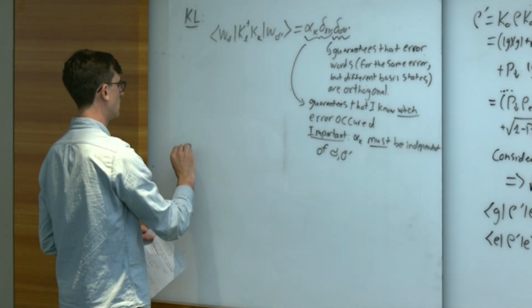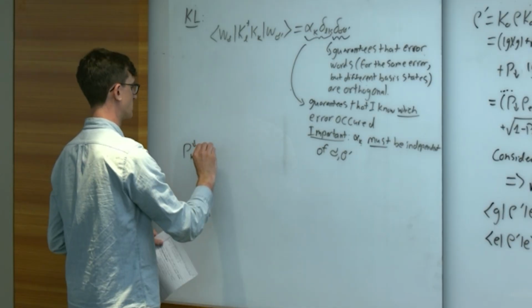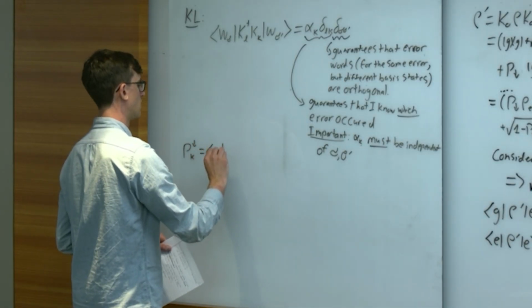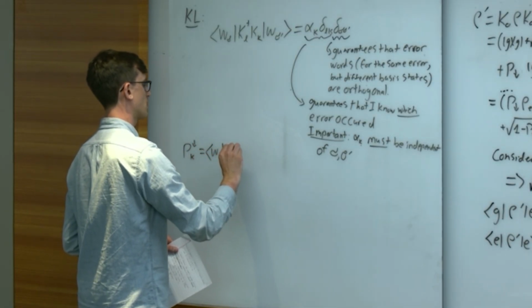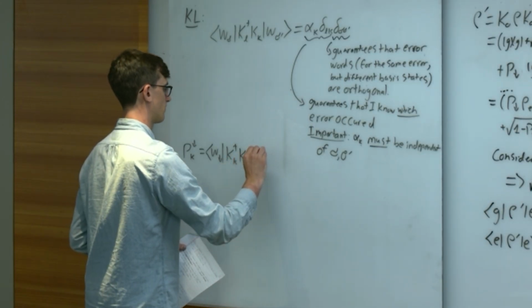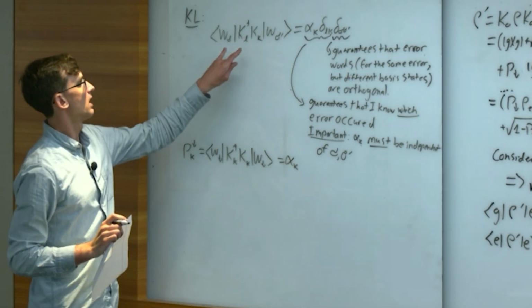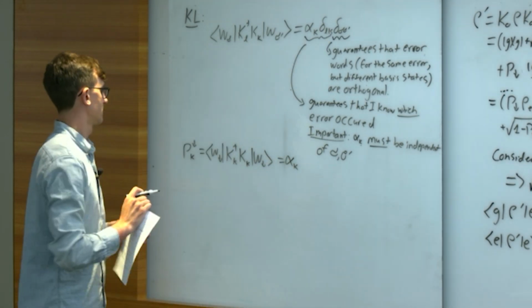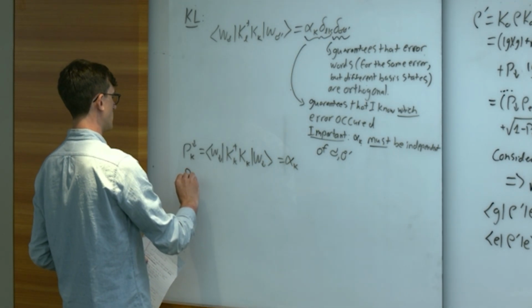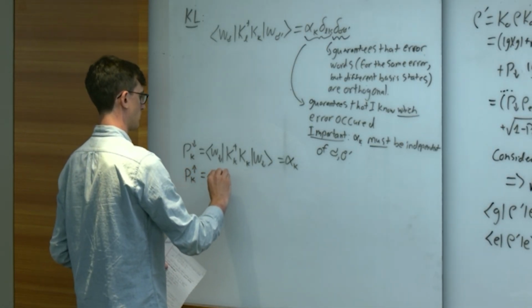P_K down, which I'm defining as W down, K_K dagger K_K, W down, is nothing other than alpha_K, right? Using this definition. And similarly, for P_K up, I define it the same way.